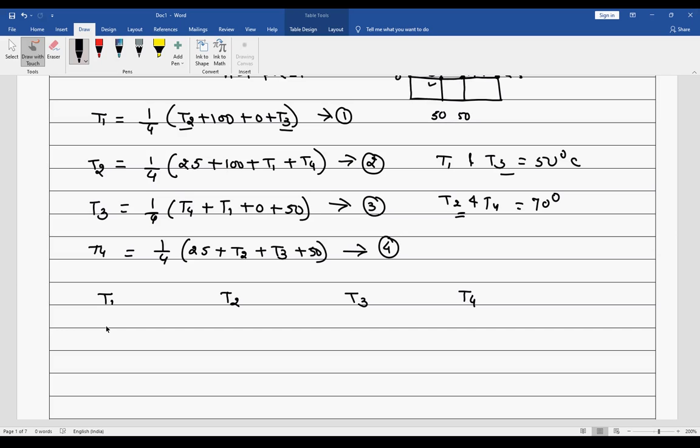It is nicely set up for the Gauss-Seidel method. In equation 1, put down the value of T2 and T3 which we have assumed, and get the value of T1.